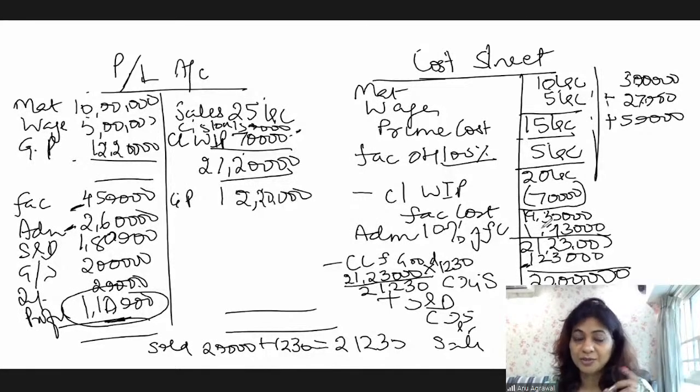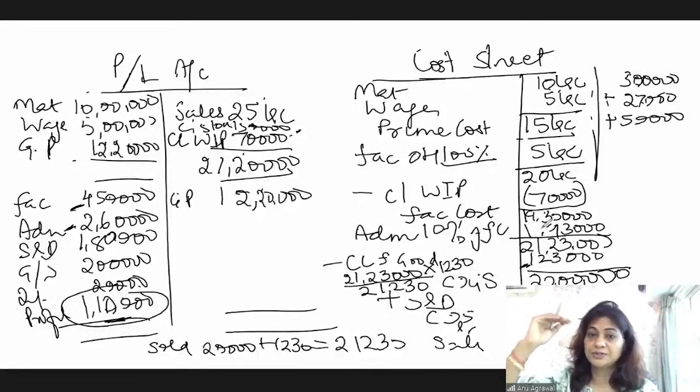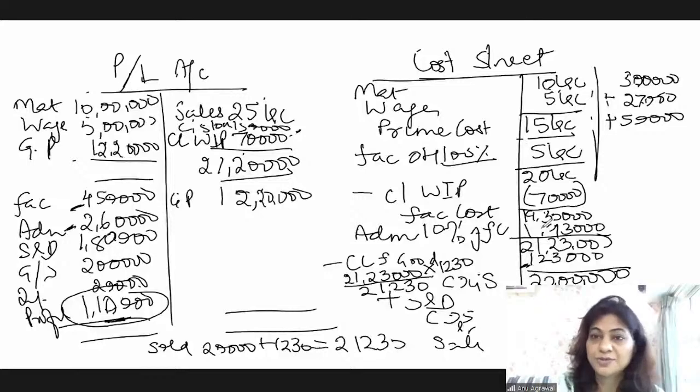Because of this, the profit in costing is higher. We have charged only 1,93,000 as administration overheads, so we have under-absorbed admin overhead. Because of this, the costing profits are higher and finance profits are lower. So if I want to reach the finance profits, I should subtract this 67,000.